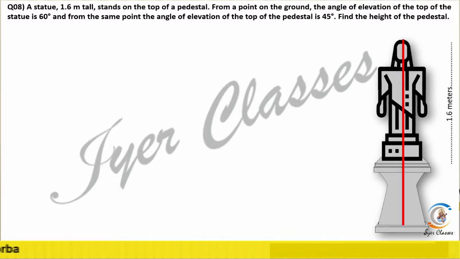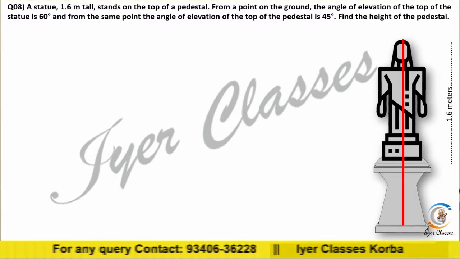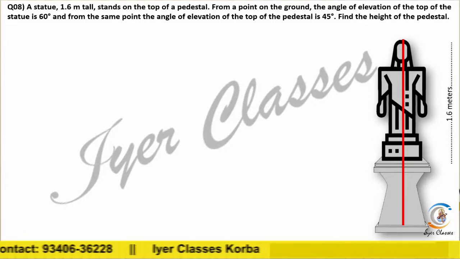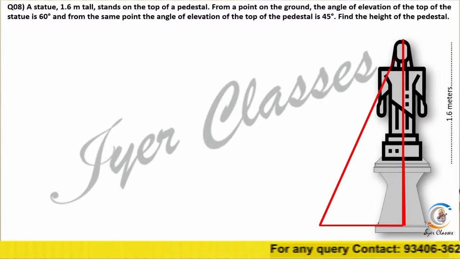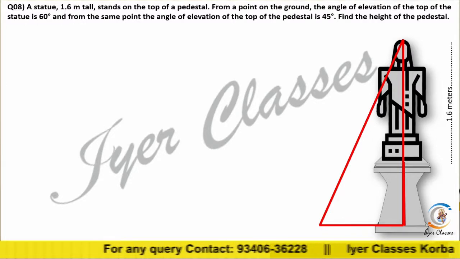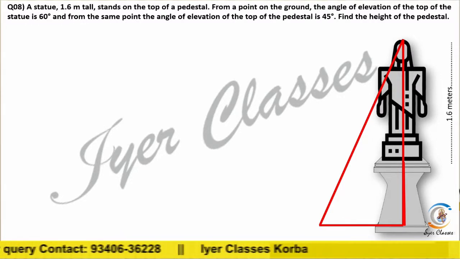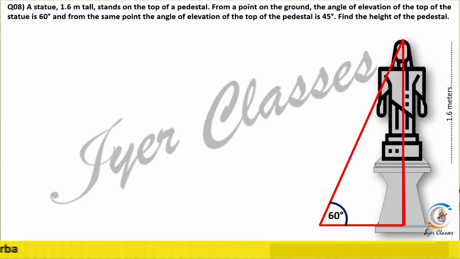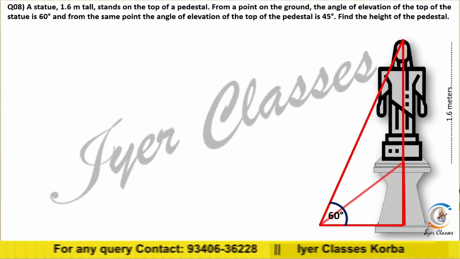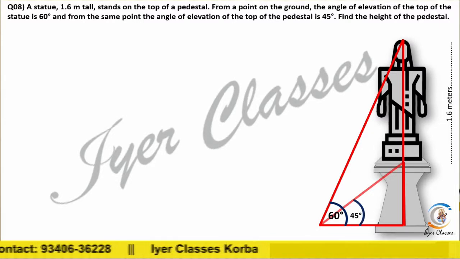You can see that there is a pedestal, and on the top of the pedestal there is a statue, and the statue has a height of 1.6 meters. Now you have got a point P, and from the point P you are watching the top of the statue, in which the angle of elevation is equal to 60 degrees. And from the same point, the angle of elevation of the top of the pedestal is equal to 45 degrees.